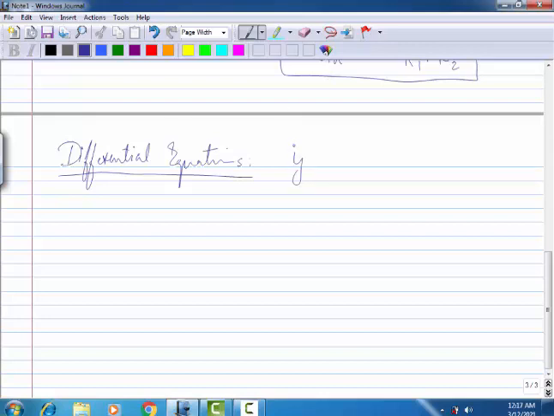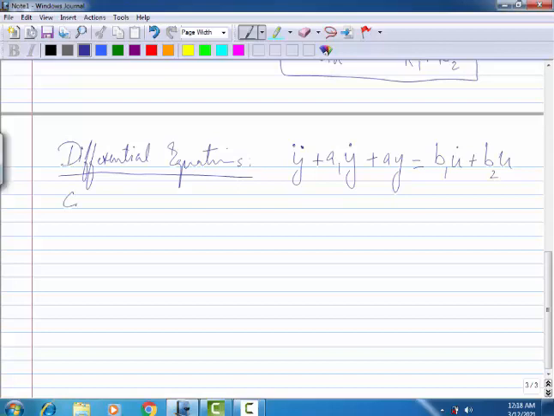These dots represent the number of differentials, plus a1 y dot plus a2 y is equal to some input that can be written as b1 u dot plus b2 u. This is a generalized form of a differential equation. These dots represent the differential with respect to time.